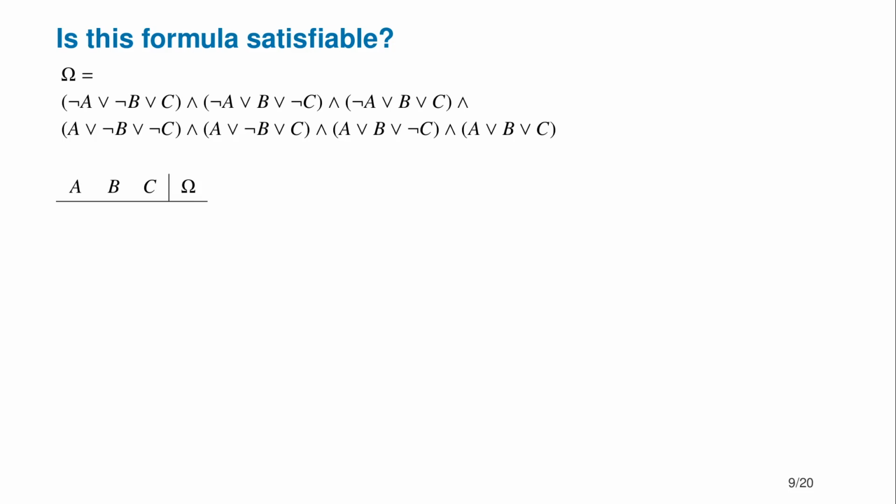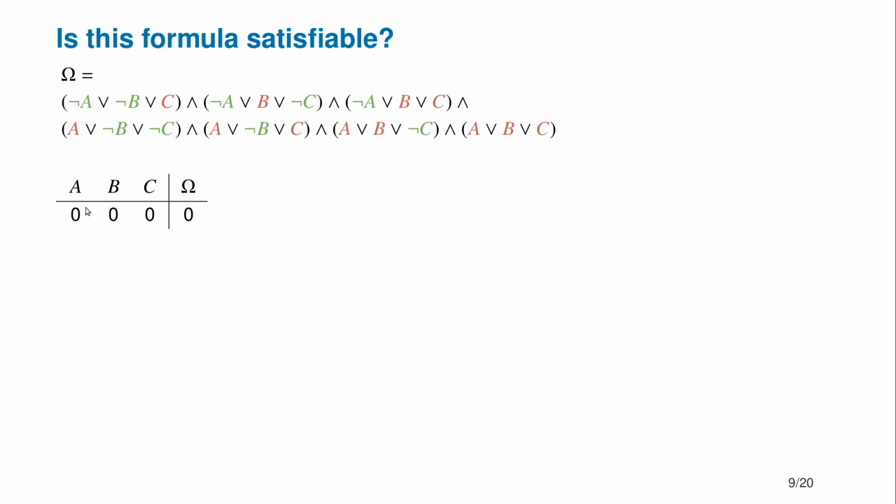Here I have an example. This formula contains 3 variables A, B, and C, and we are asking if this formula is satisfiable. We decide this by using a truth table, and the first assignment is setting all variables to false. When we look at the formula, we have some parts of the formula which evaluate to true.